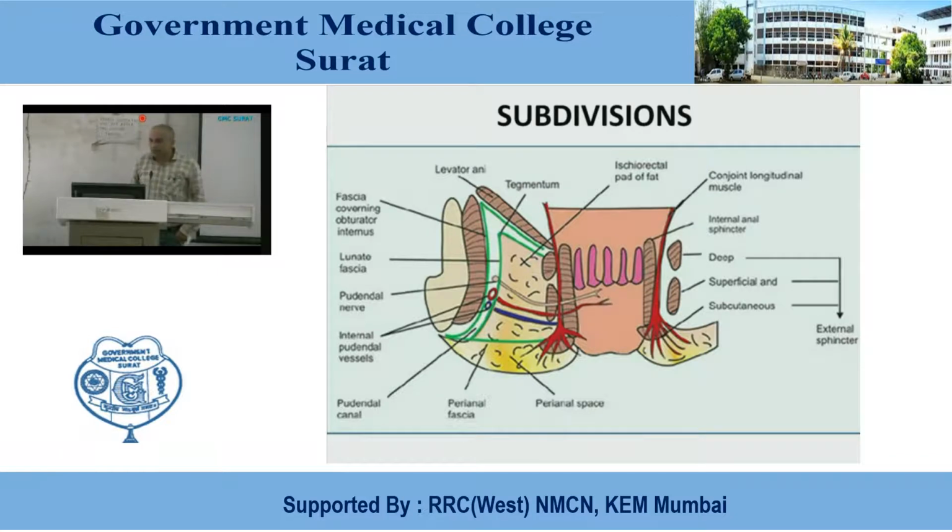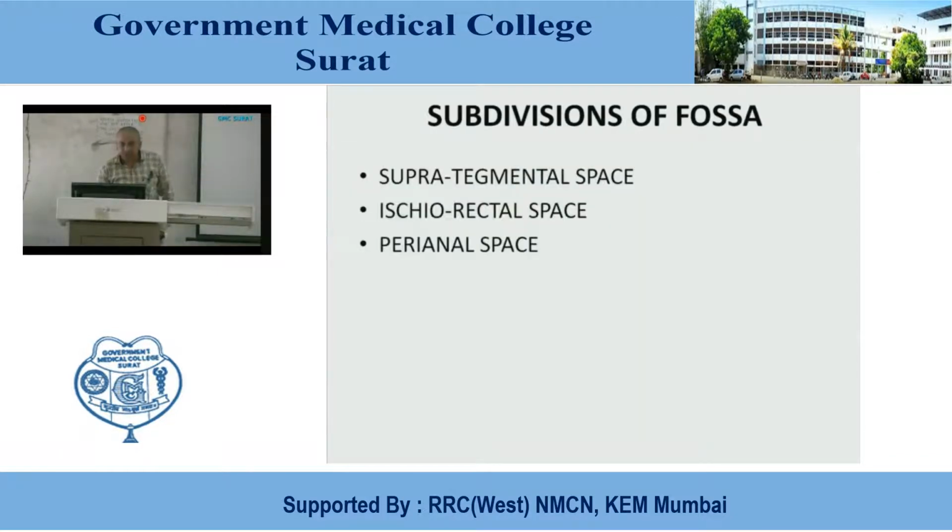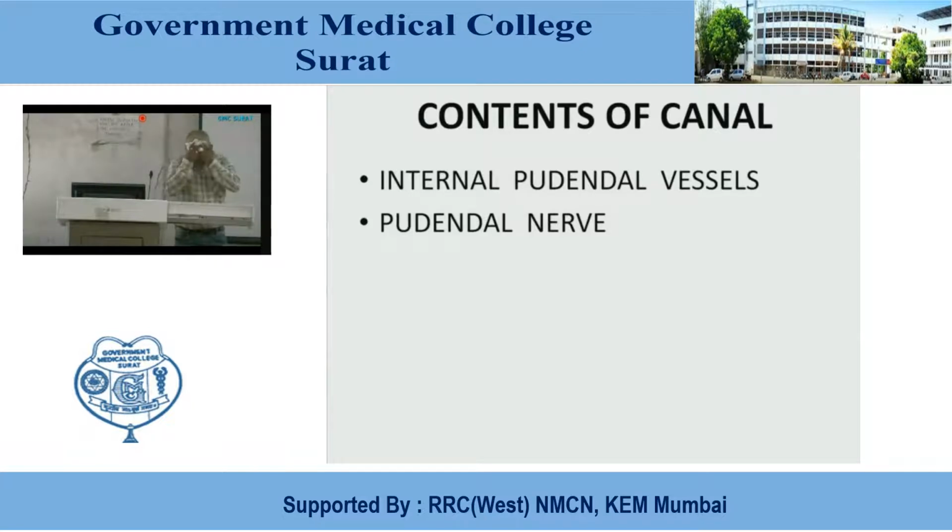So this is about the pudendal canal. What I explained is that the pudendal canal is located in relation to the lateral wall of the ischiorectal fossa, extends from the lesser sciatic foramen to the perineal membrane, and contains the important neurovascular bundle, the pudendal nerve and internal pudendal vessels.